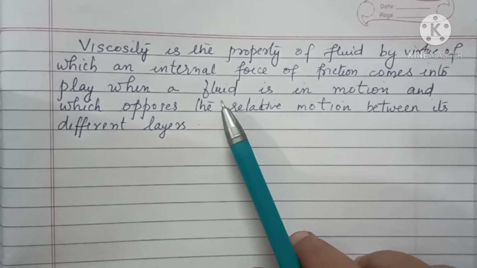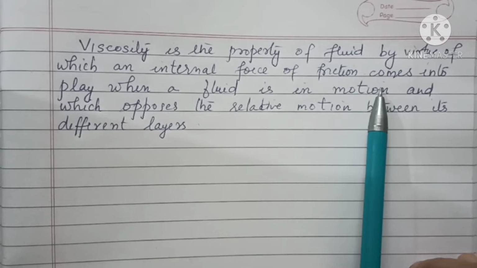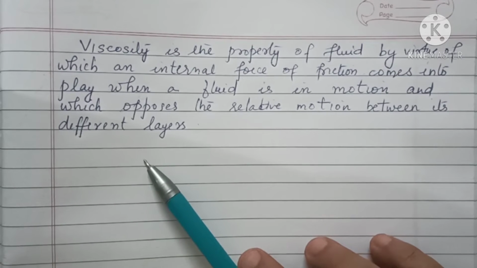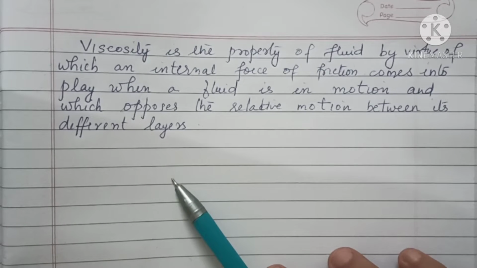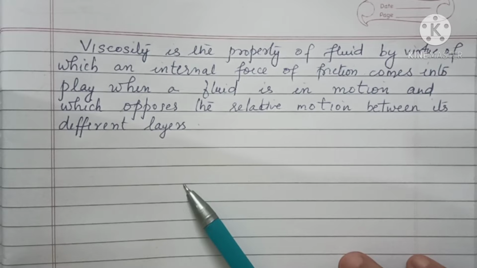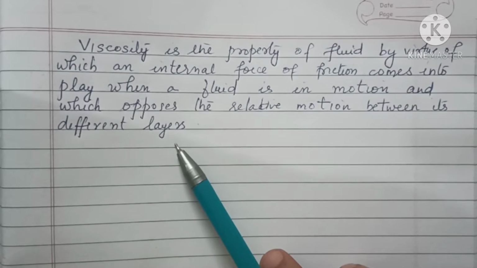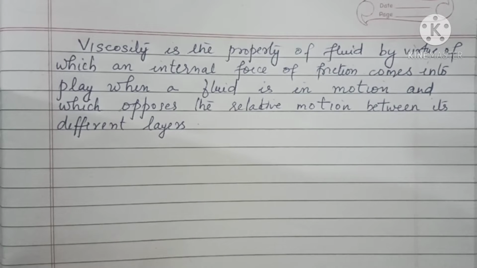So when the fluid is in motion, there is always an internal force of friction which comes into play. But it varies depending on different liquids. Understand? For water there is a viscous force, but for honey the viscous force may be more. Like that, for different liquids this viscosity or the viscous force will be different. Understand? And this force opposes the relative motion between its different layers.